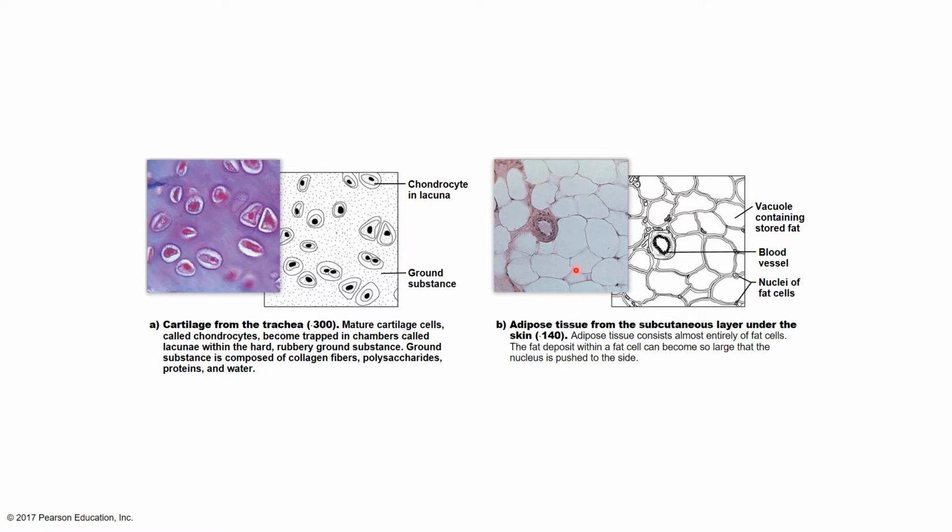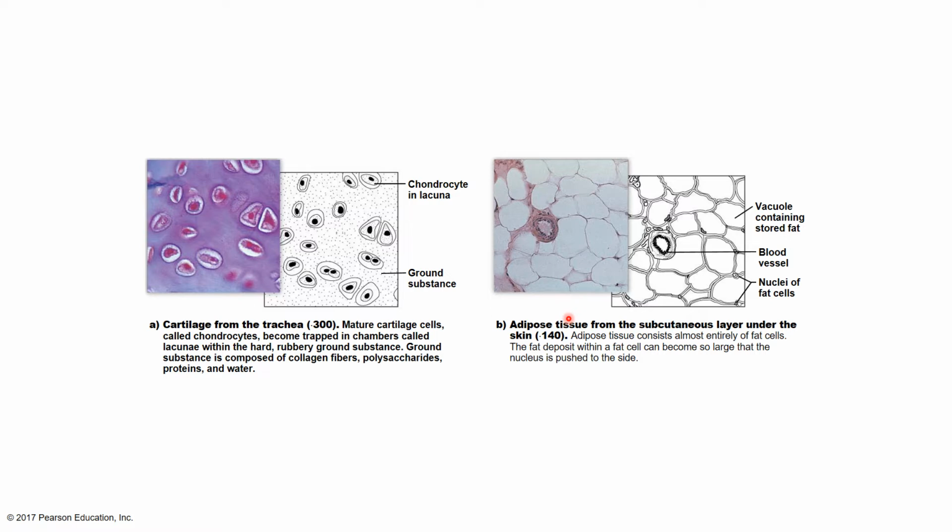As we look to the right, this is adipose, and adipose is a little bit different because it doesn't stain. It almost looks like there's nothing here, but it's actually adipose tissue, or fat. Along the side, the nucleus gets pushed up against the side. You can see in some spots where it looks a little bit darker along the cell membrane.